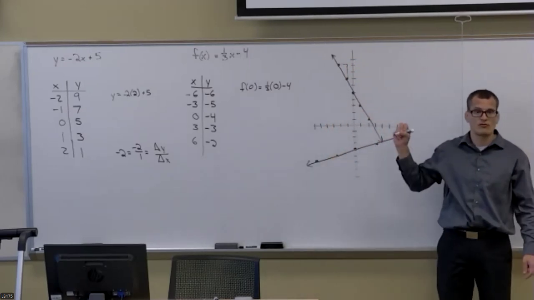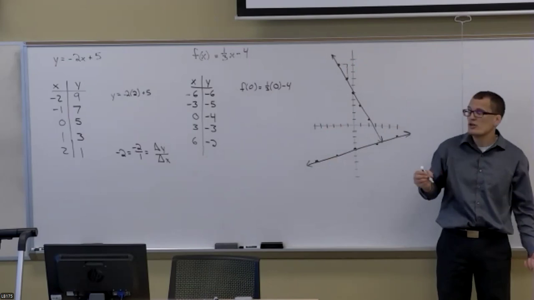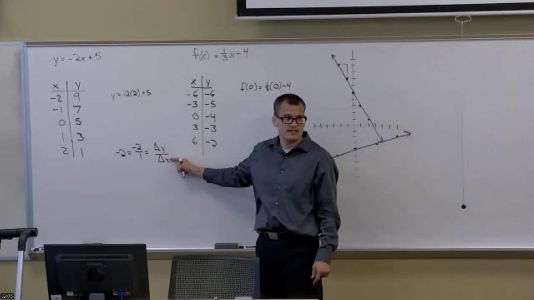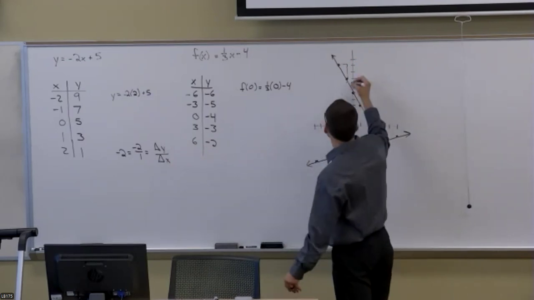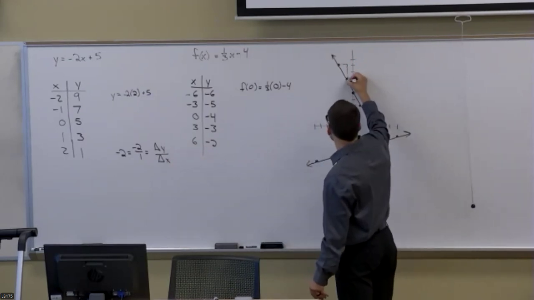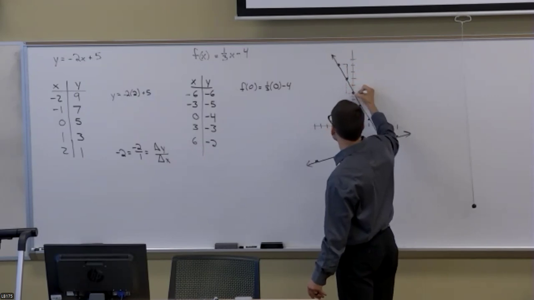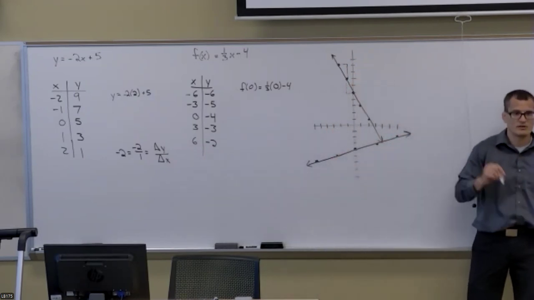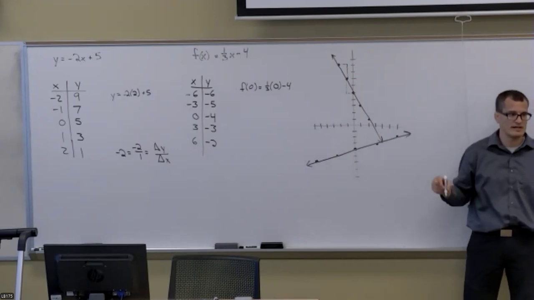So we're going over 1, down 2. Now, you can also travel in the y direction first and the x direction second. That's fine. You could have said we wanted to go down 2 first and then over 1. The same thing.